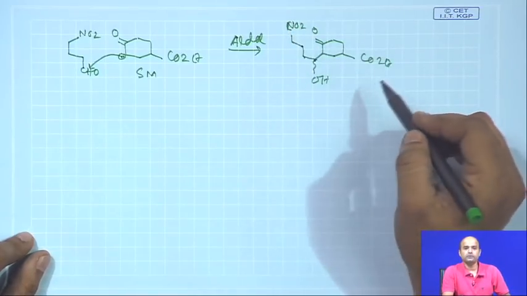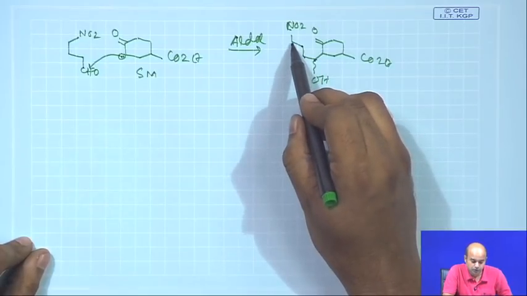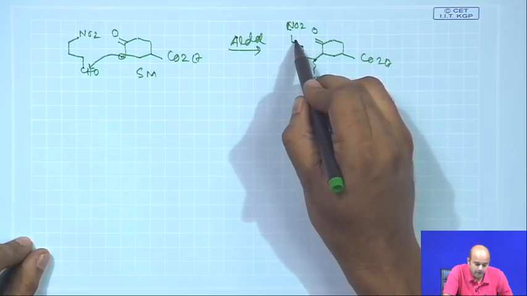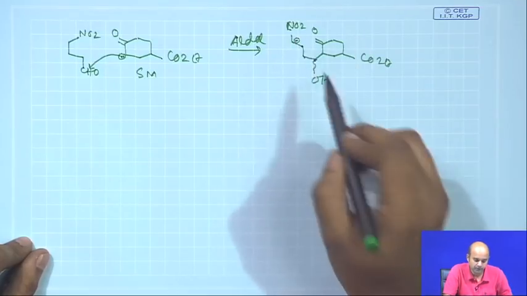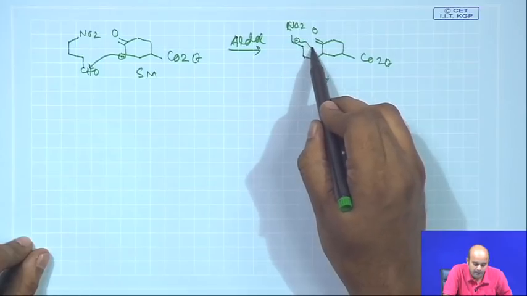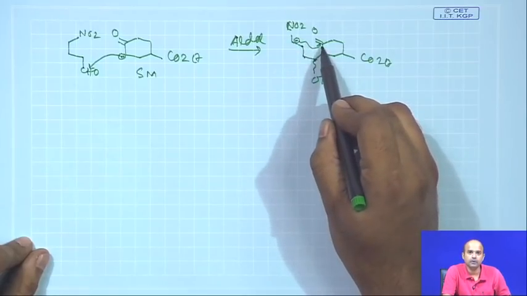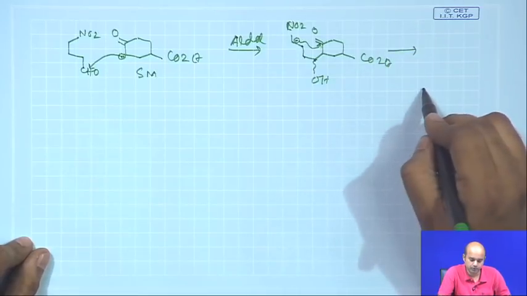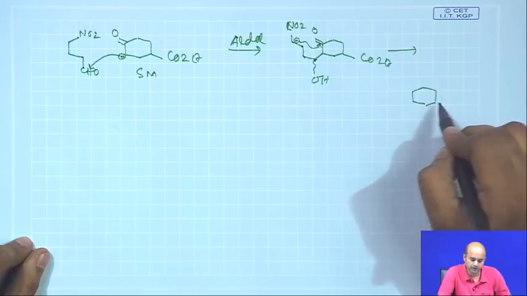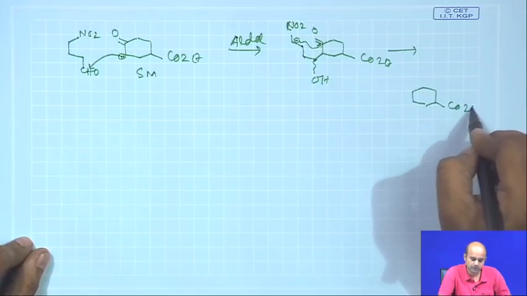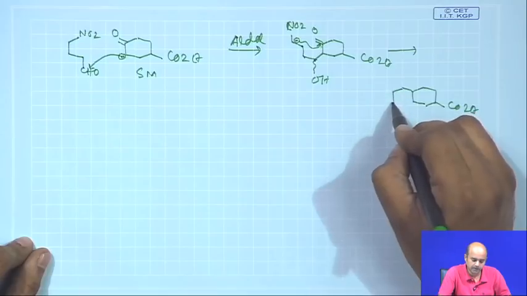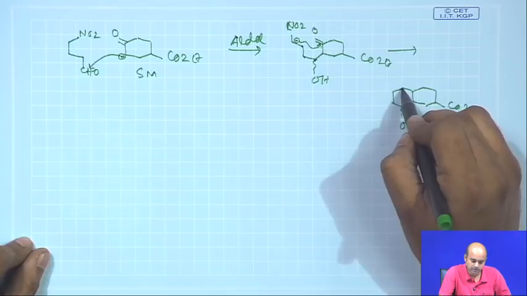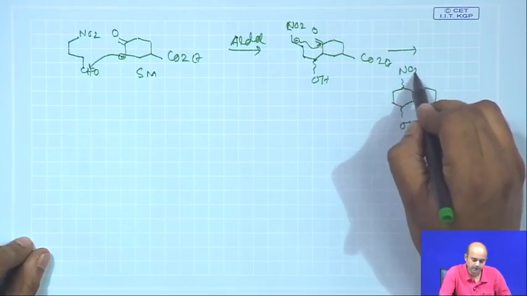Now, you see nitro compounds are electron withdrawing groups, and so they can stabilize the carbanion here. Now, the reaction is in basic medium, so you expect another carbanion to be generated, and that will react in an intramolecular fashion with this carbonyl, and then you will get the product whose structure we drew earlier. So, this is your bicyclic compound which we are expecting after this reaction takes place.